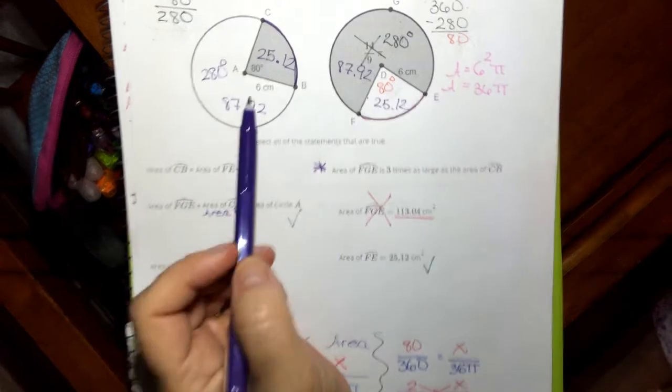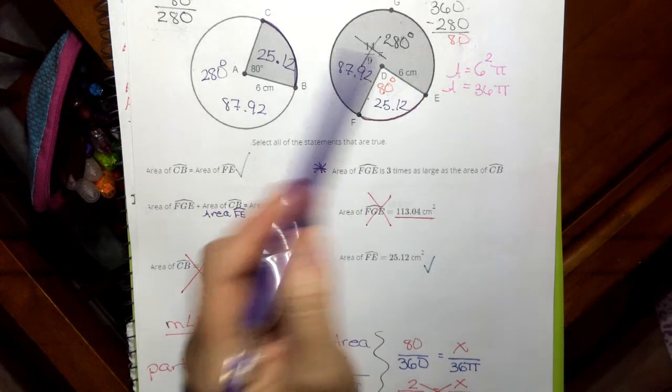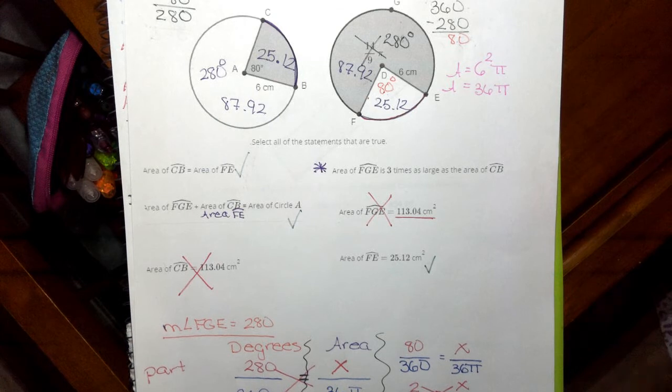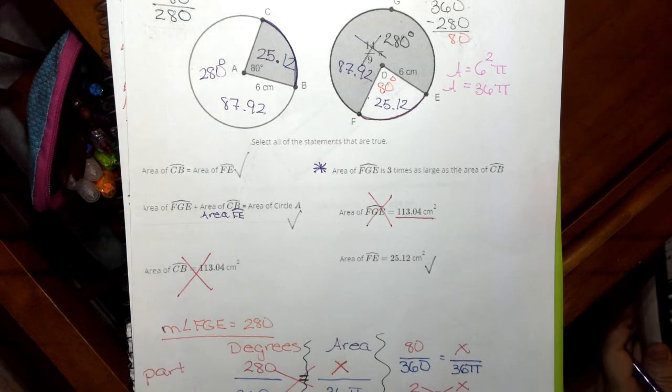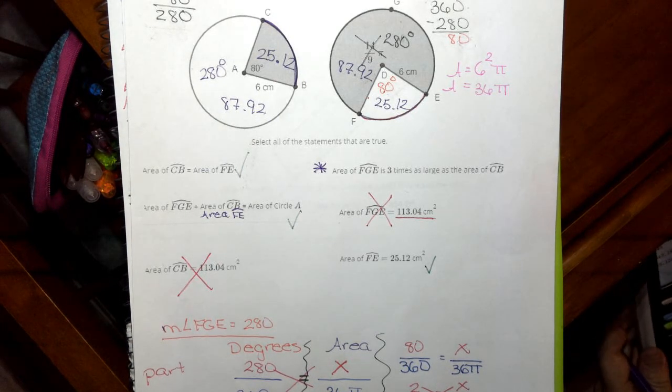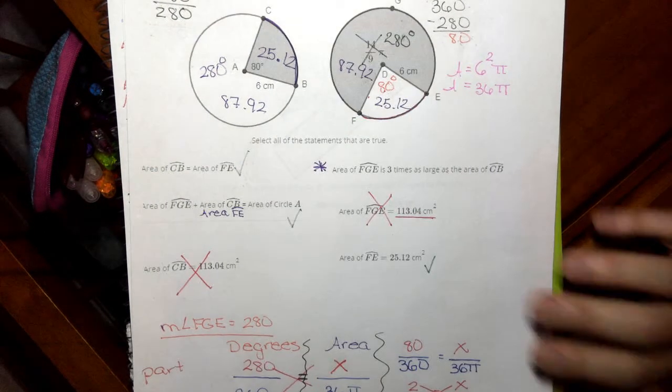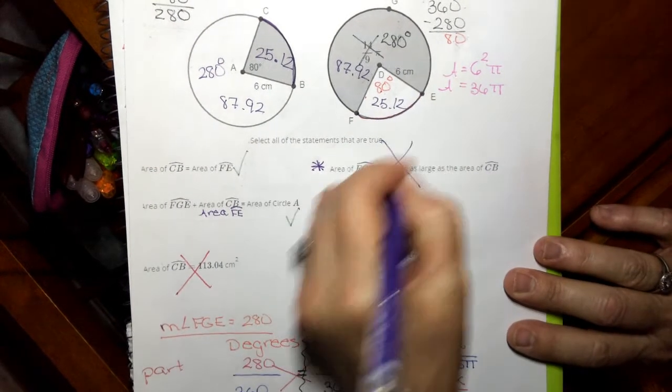They're saying that this area here is 3 times this area. And when I do the math, that comes out to 75.36. This is not true. It's not true.